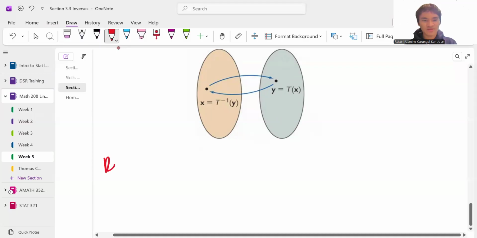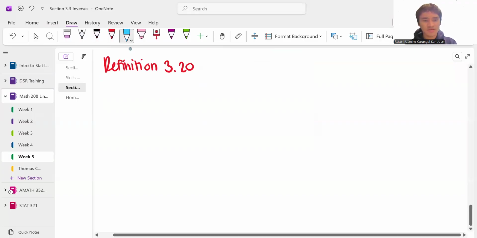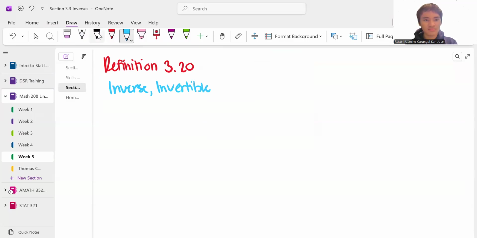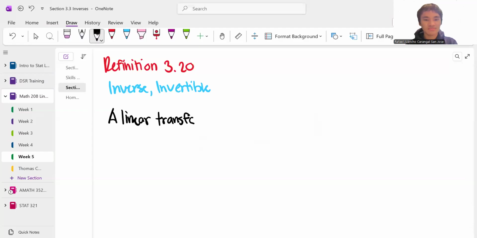Okay, let's look at the definition. My least favorite thing to look at. So this definition tells us that we actually have some buzzwords here. And these buzzwords are very similar to each other. They are the same. So say we have this linear transformation.